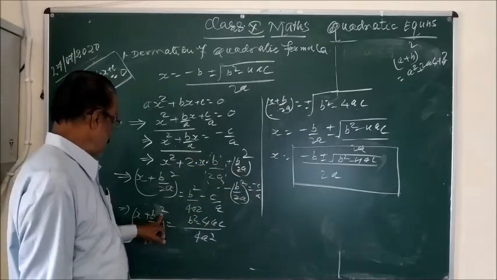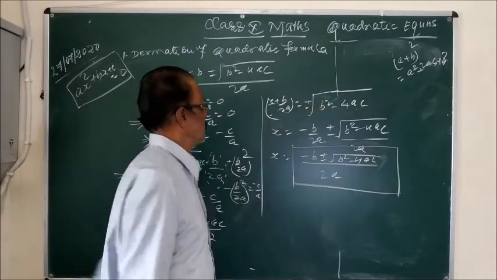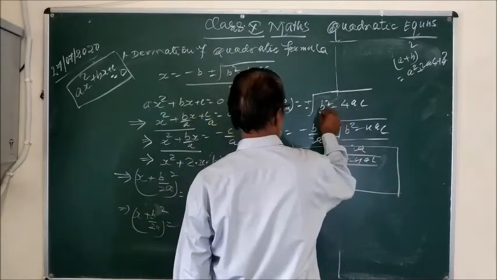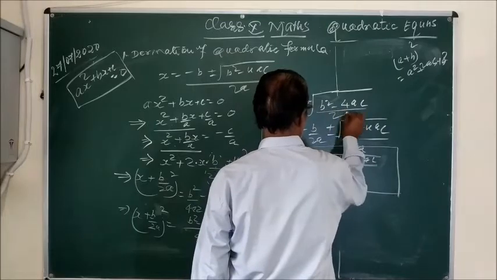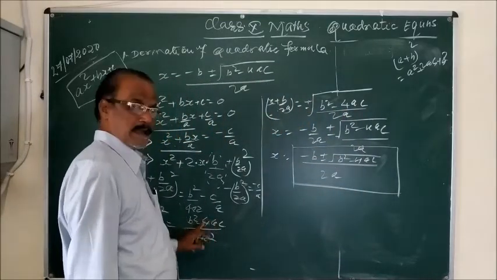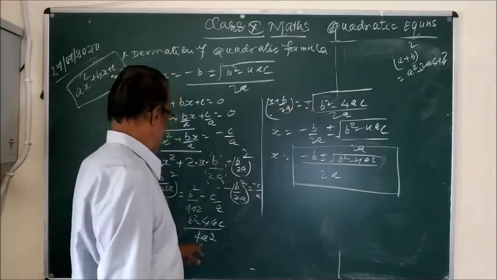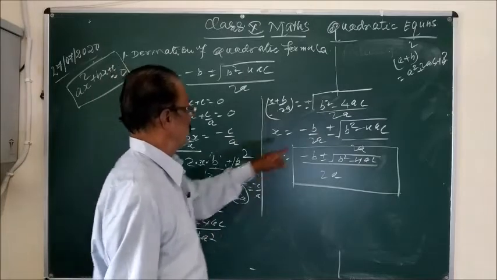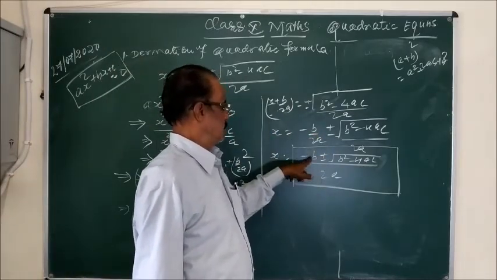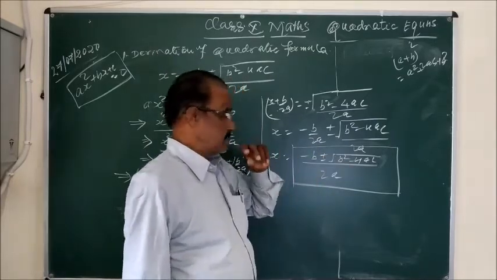Now you remove the square, so this will be under root, plus minus b square minus 4ac, upon 2a, because when you take the square, the root of this will be 2a. You transfer this side, LCM 2a, and get minus b plus minus root b square minus 4ac upon 2a. This is the derivation.